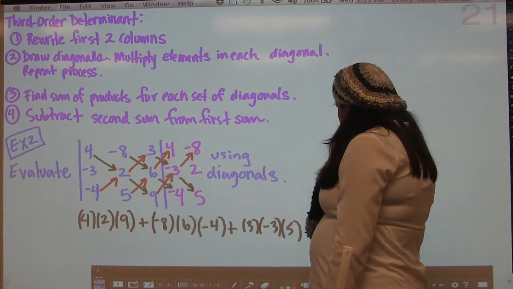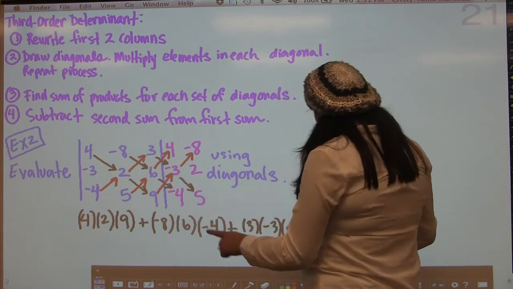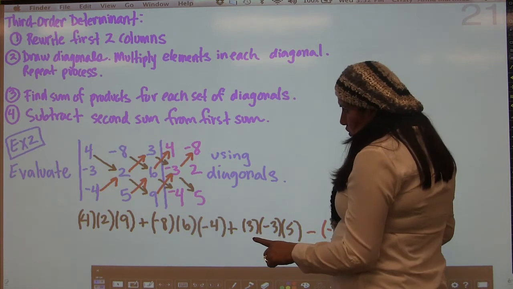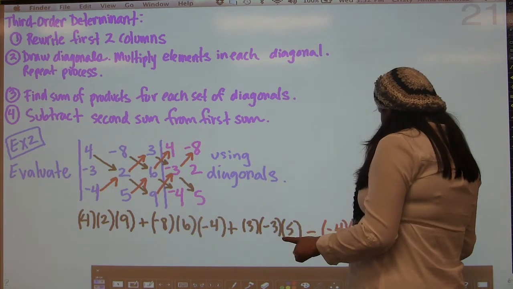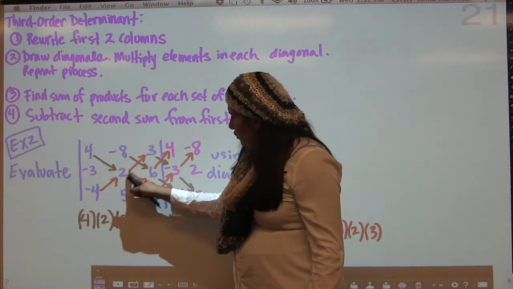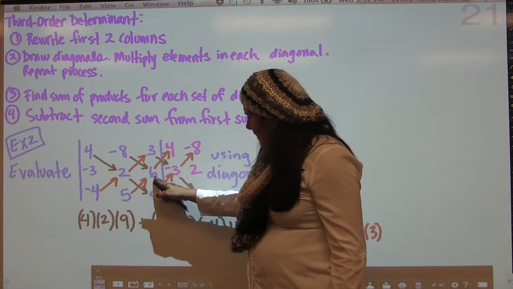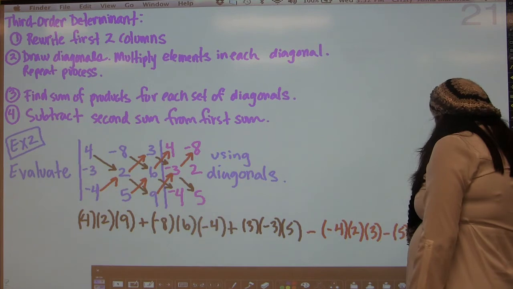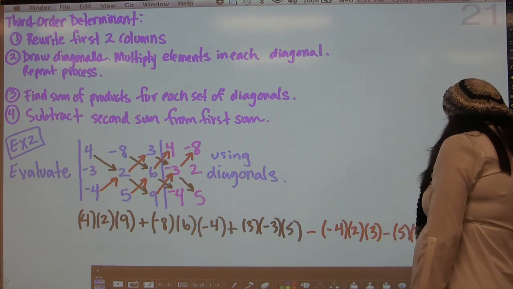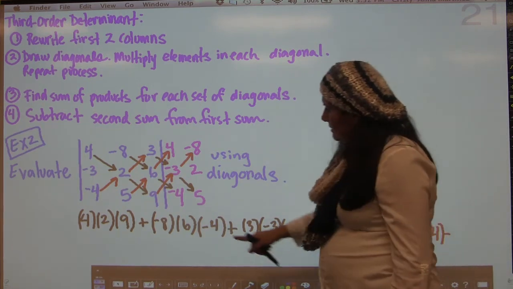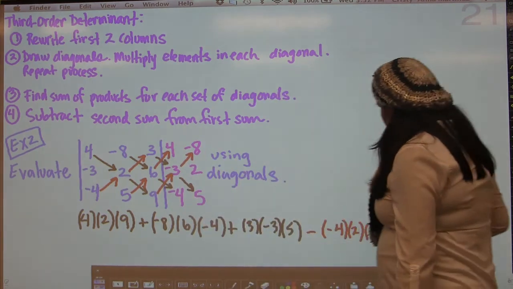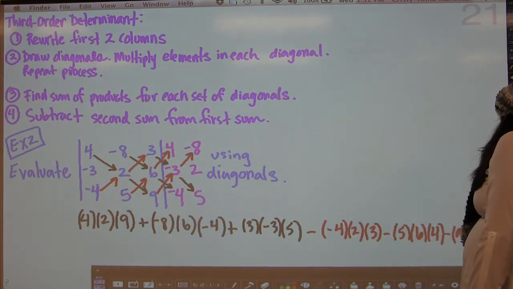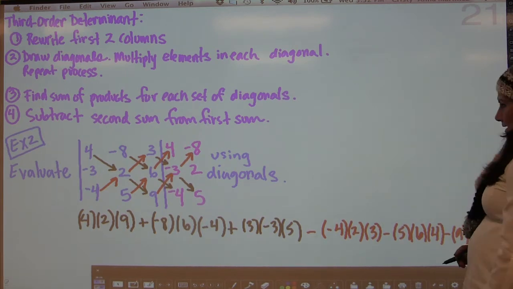So now we're going to do -4 times 2 times 3. So you've got your -4, your 2, your 3. Then I need 5, 6, and 4. And lastly, 9, -3, and -8.